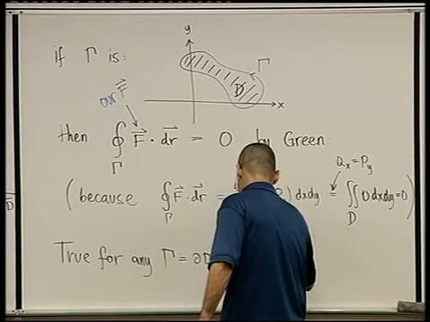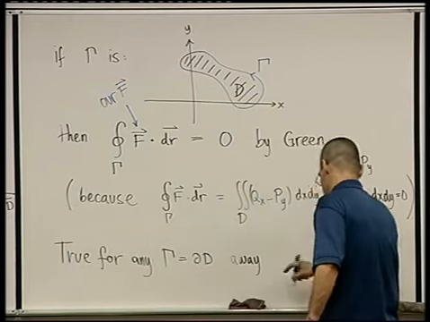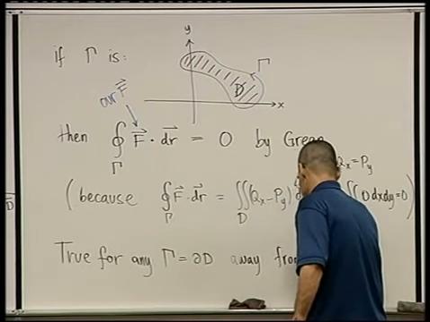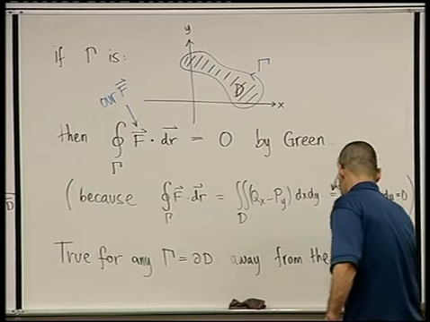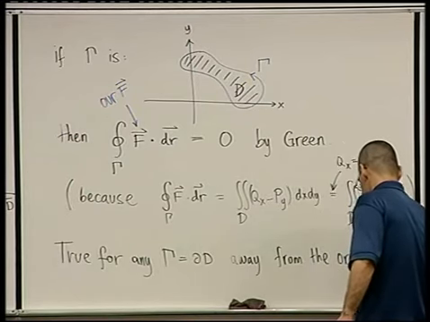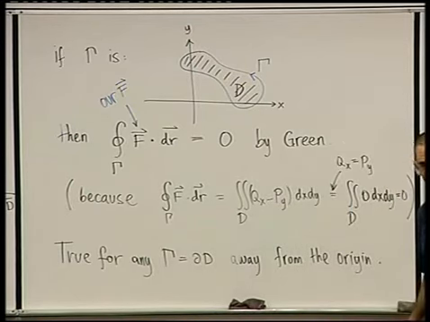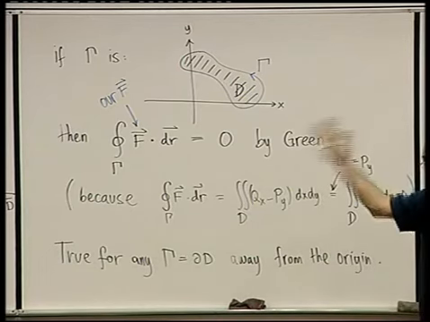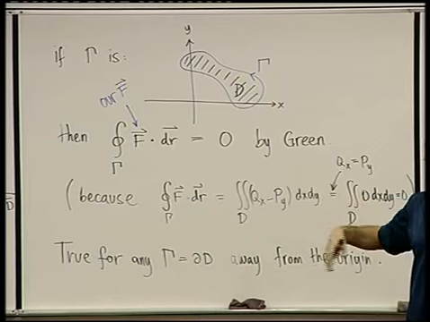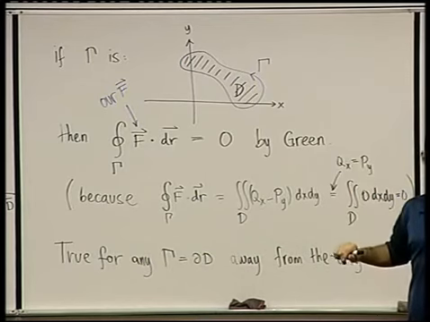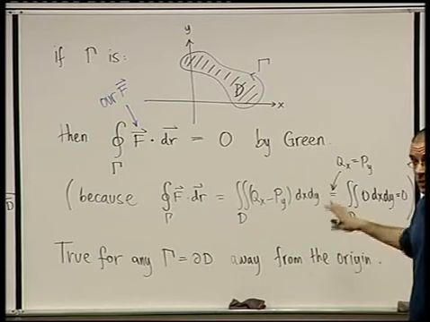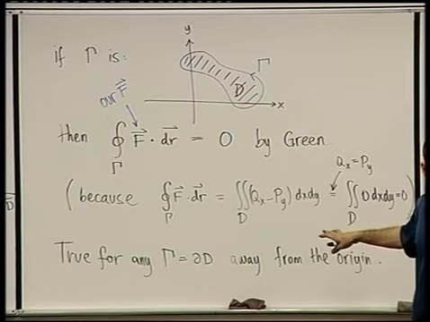Let's write that, because it's going to be a more delicate issue, we'll discuss it. Away from the origin. Clear? But if the origin is somewhere in there, the theorem fails. The field is not C1, we cannot use the theorem. We're going to have to do something different. Is this clear? Everybody? Okay.